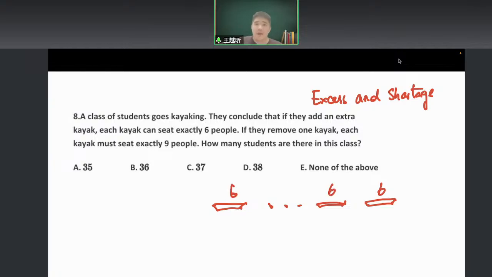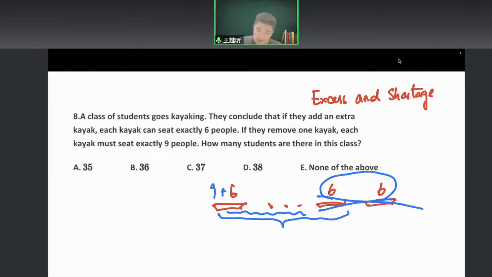Now if they remove one kayak, don't forget this is the original number of kayaks. Remove one means remove this. So we need to arrange 12 students to these kayaks. Now each kayak can sit 9 people, so each kayak will sit 3 extra people.